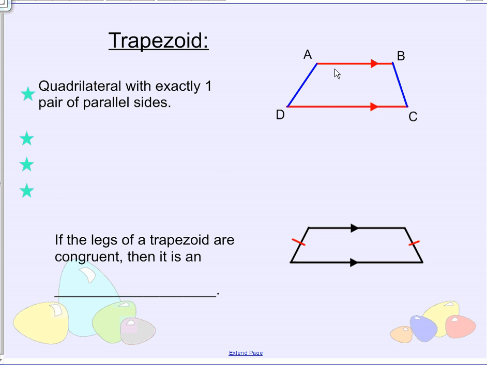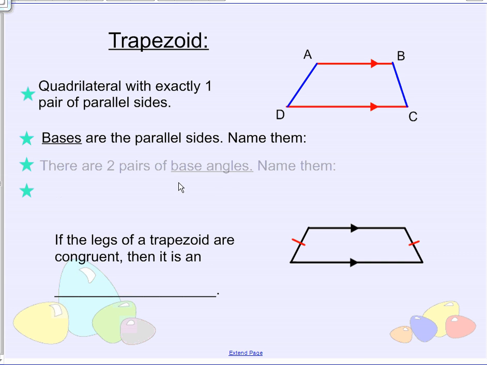For example, we have side AB is parallel to side DC. Then the bases are the parallel sides, and we need to name them, for example, AB and DC. So the parallel sides are our bases.